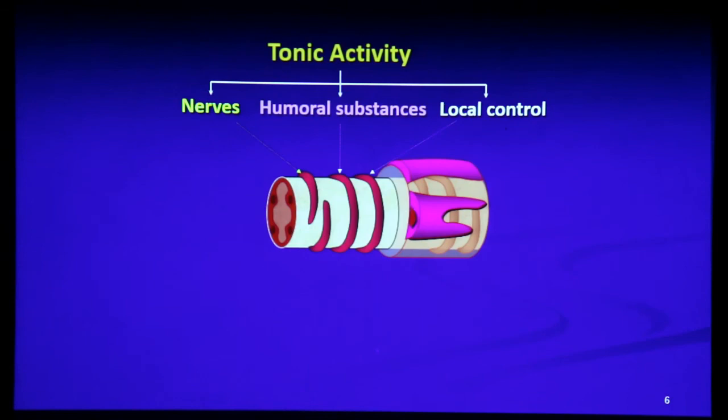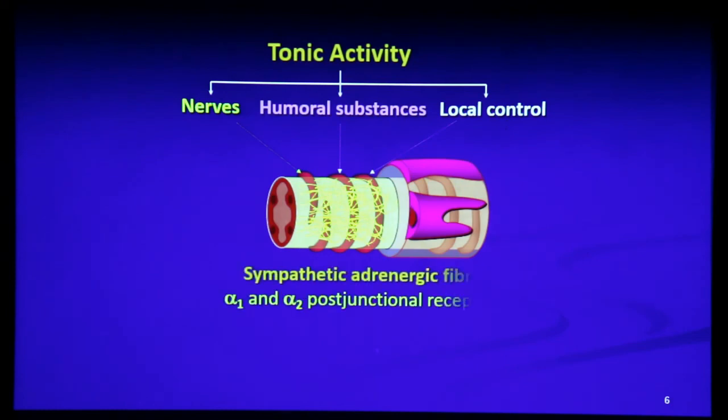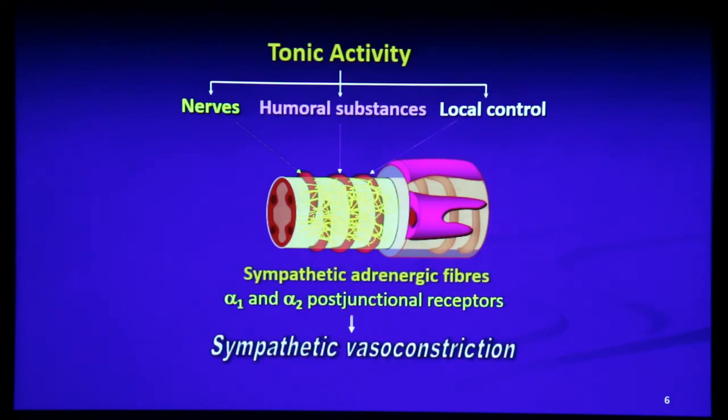Now, how do the nerves control the tonicity? All these arterioles have a neural sheath over them, and this is basically governed by alpha 1 and alpha 2 post-junctional receptors, and they are the ones which are responsible for sympathetic vasoconstriction. What about the distribution?